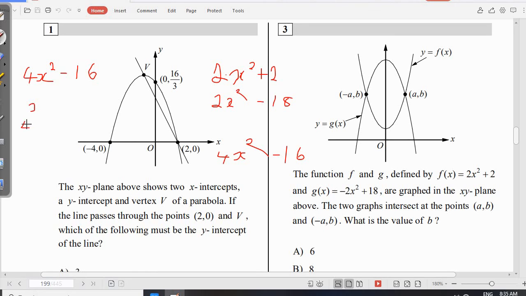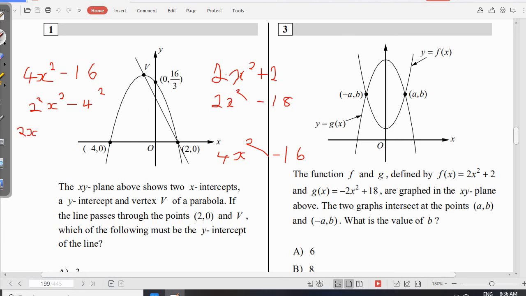This is 2 squared x squared minus 4 squared. You see all of them having squares, so you can handle them specially.